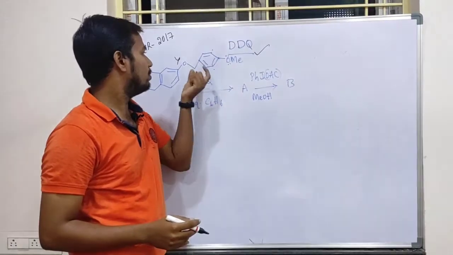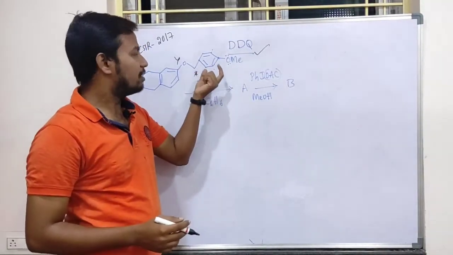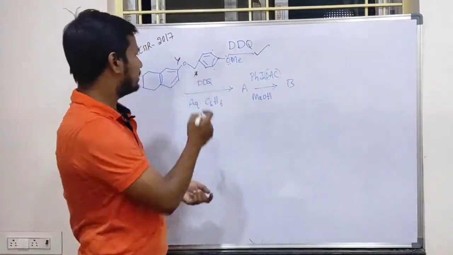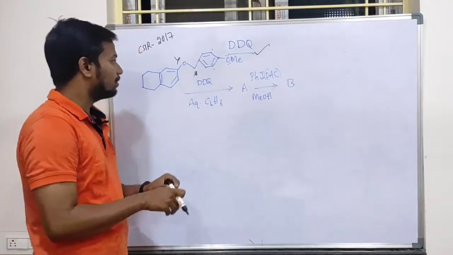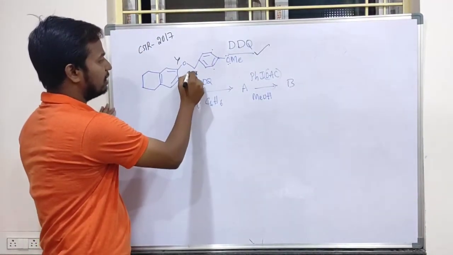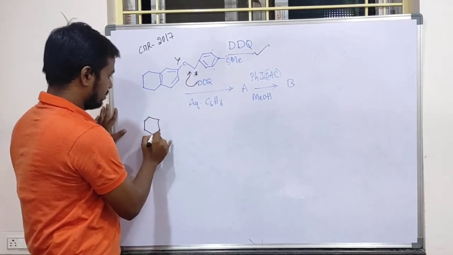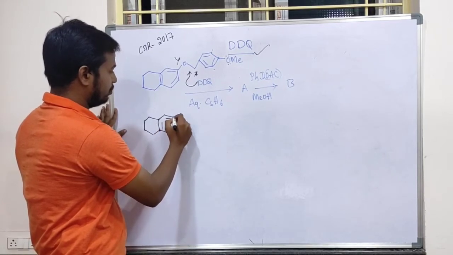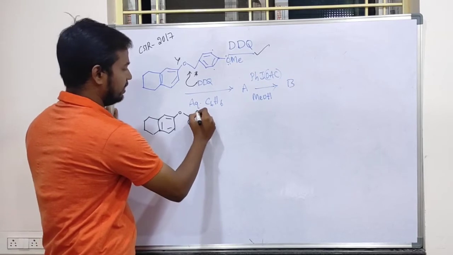That makes the ortho as well as the para position electron rich. Due to that electron rich character, DDQ will attack at this benzylic position. So let's just solve it. The DDQ molecule will extract the hydride ion from there, and see what happens. A carbocation is generated as usual. We know very well, a carbocation is generated.